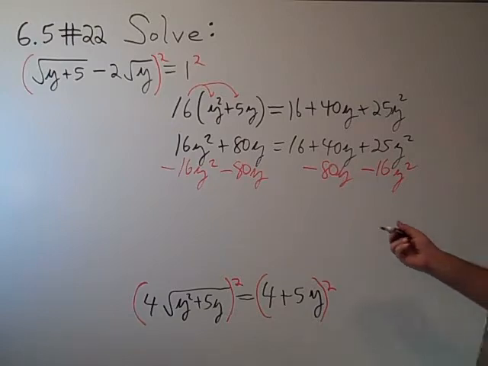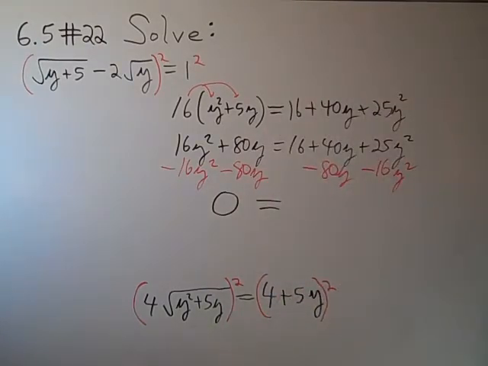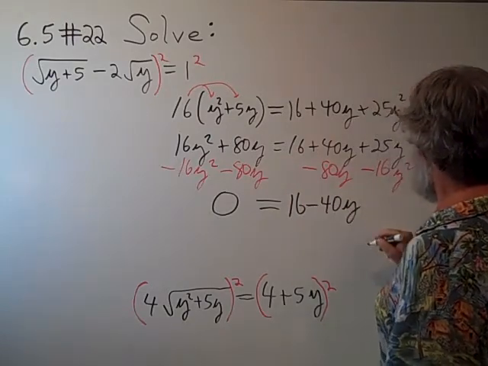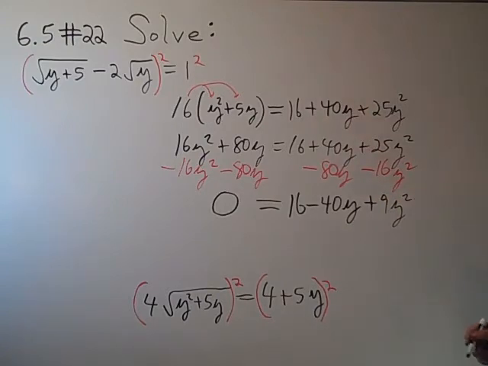And the result is that on the left we get 0, and on the right we have 16 minus 40y plus 9y squared. And we just have to factor that, and we'll be able to find solutions to this equation.